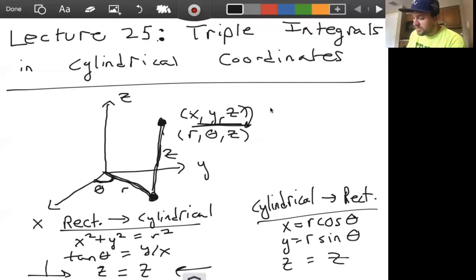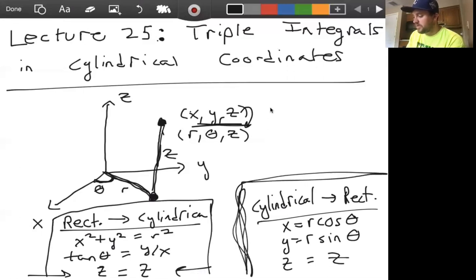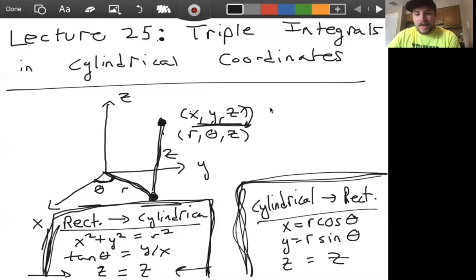And so we can use these sets of equations, these conversion formulas, to go interchangeably between rectangular and cylindrical coordinates.